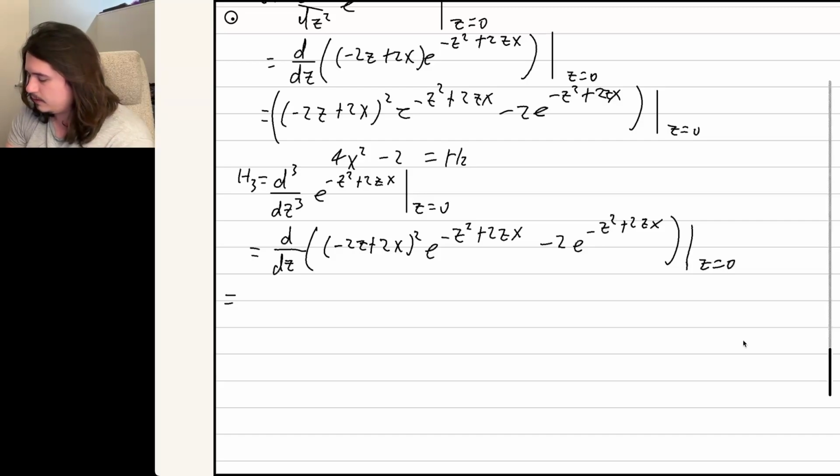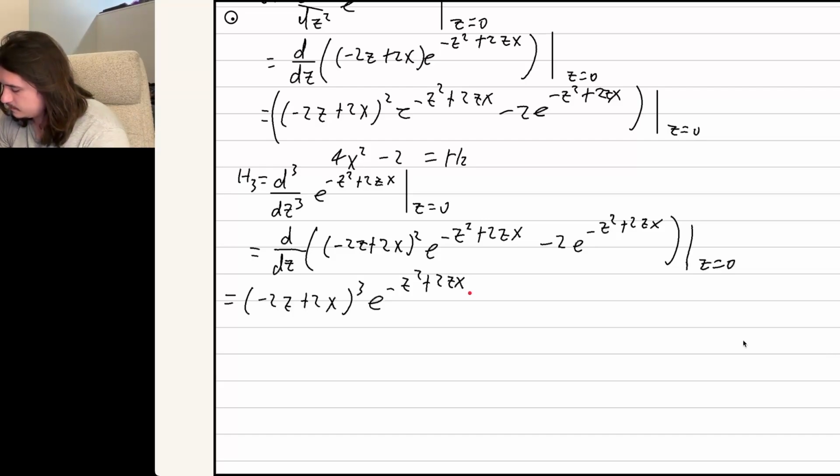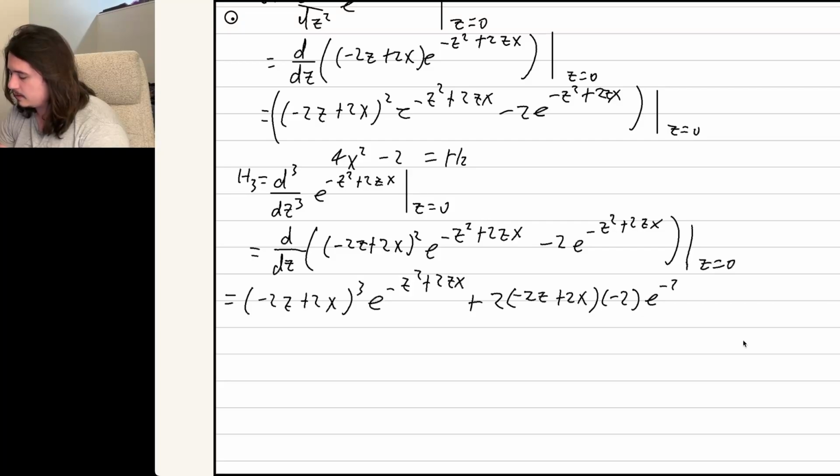So we're going to have a minus 2z plus 2x cubed e to the minus z squared plus 2zx, plus 2 times minus 2z plus 2x times minus 2 times e to the minus z squared plus 2zx, and a minus 2 times negative 2z plus 2x times e to the minus z squared plus 2zx.